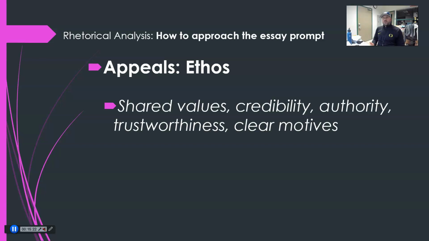Instead, you want to say the author appeals to the shared patriotism among the individuals, or the author appeals to the sense of justice among the group, or whatever else they might have that are actual values that we hold. Honor, integrity, peace, justice, all these things that are values that we say, yes, we adhere to those things.